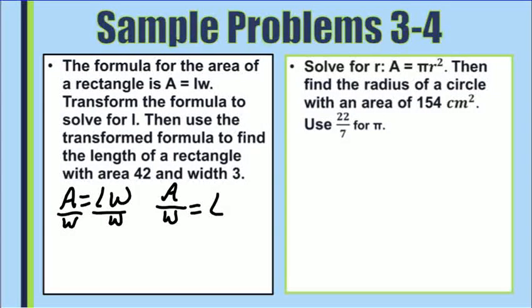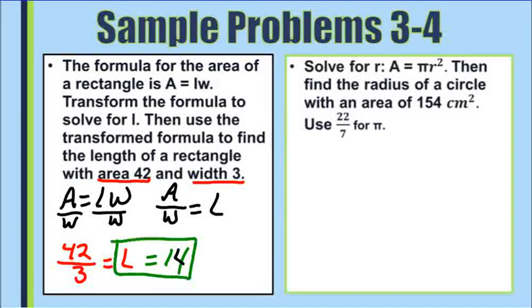Now that I transformed my formula, now I need to substitute my numbers. The area is 42. The width is 3. I need to solve for the length. 42 divided by 3 would give us 14. So we would say the length of that rectangle would be 14.